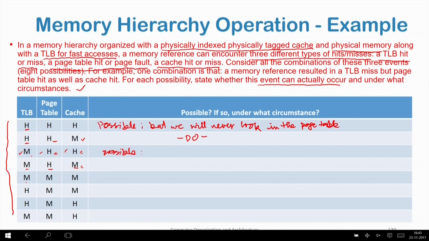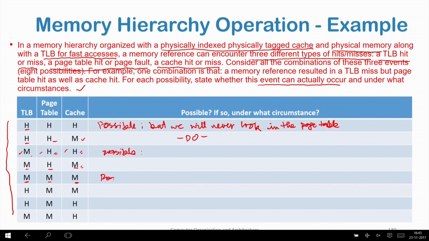It is also possible that I will have a miss in the TLB. Subsequently, I will look into the page table, and I see that the page is not in the page table. So, the data does not reside in the main memory, and I will also have a miss in the cache.